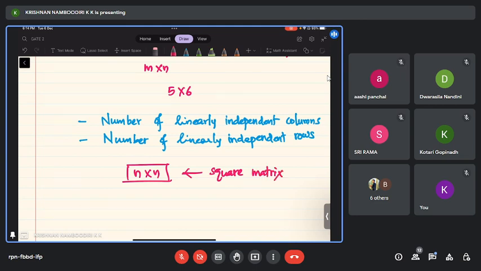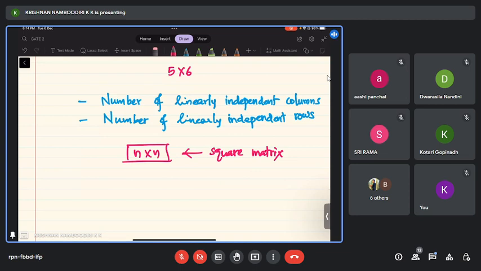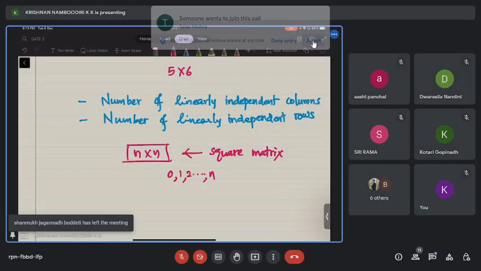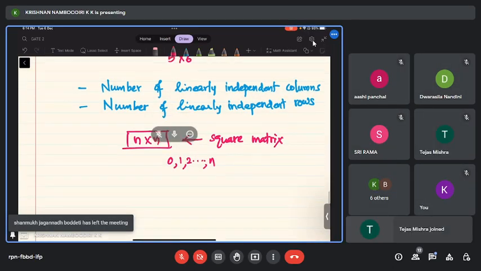Now, for a square matrix, the maximum rank possible is n, right? The rank can be anything between 0, 1, 2 up to n. Now suppose one eigenvalue is 0.